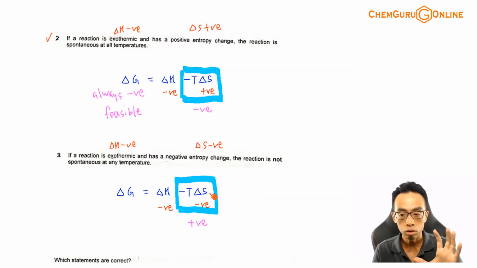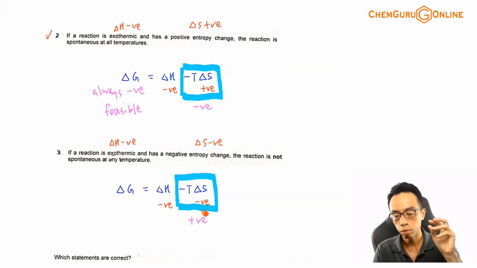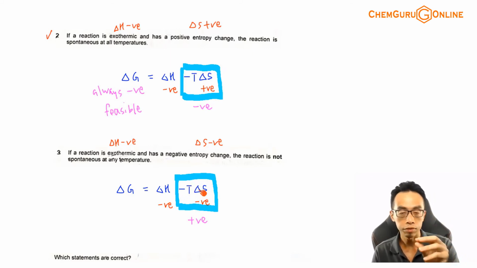So you notice if I want my delta G to be negative, then we want this positive term to be as small as possible, and we want the temperature to be as low as possible. Because if my temperature is very low, this positive term will be very small.